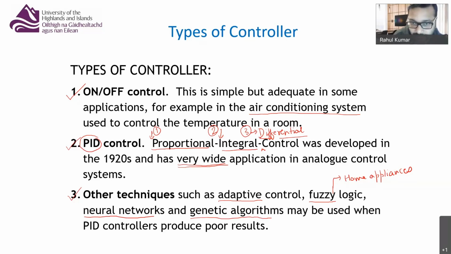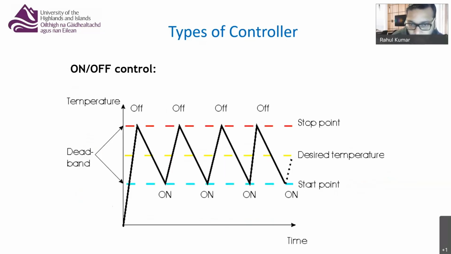So let's start with the first type of controller, that is the on-off controller. This is the response of your on-off controller. Now from the name itself, on-off, at a certain condition your controller will turn on something, and at a different condition it will turn off your system.